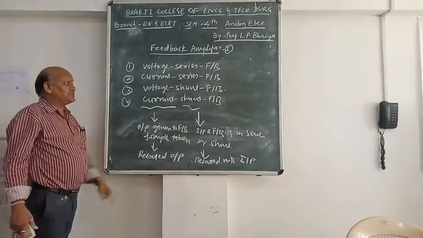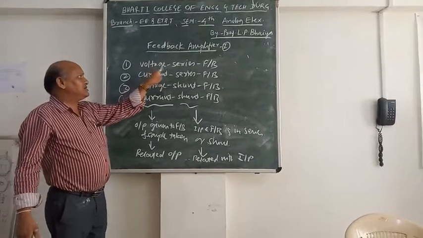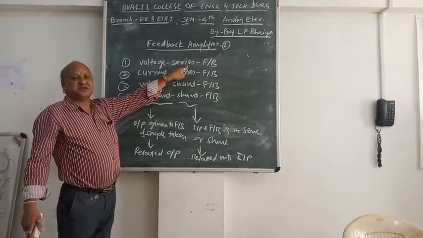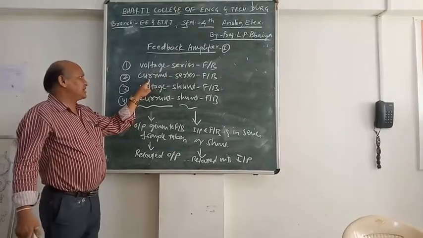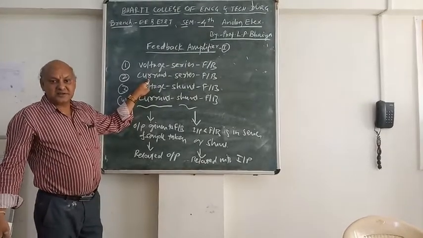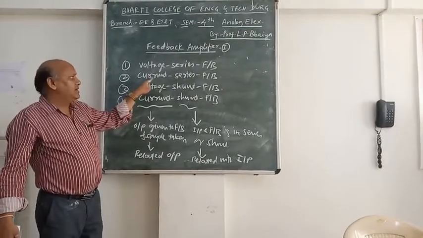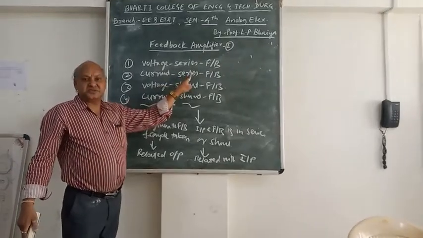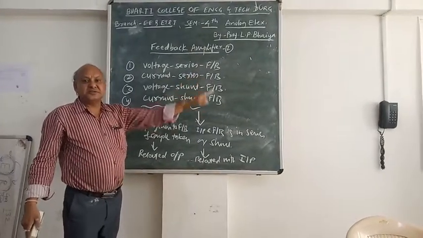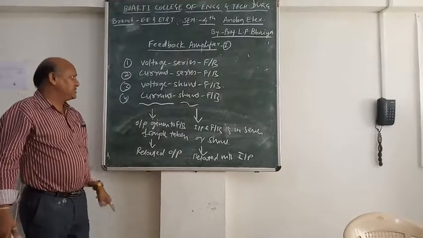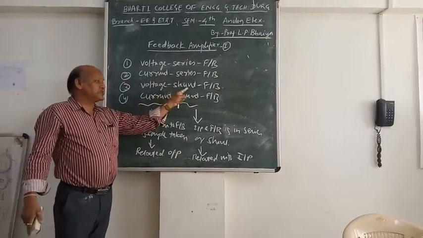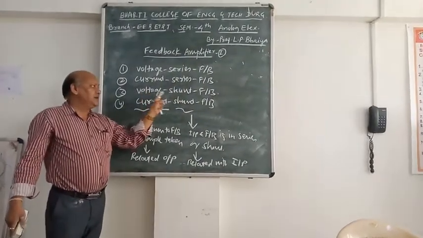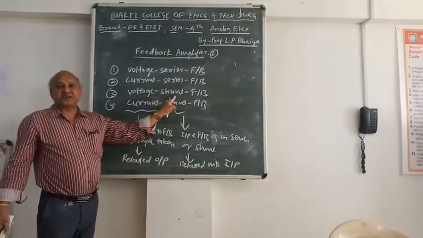It is called a voltage series feedback: output is voltage and input is a series combination. Current series means output sampling is the current, and input is in series, that is, input and feedback quantity are in series. Voltage shunt: output is the voltage sample and input is a shunt mixing.